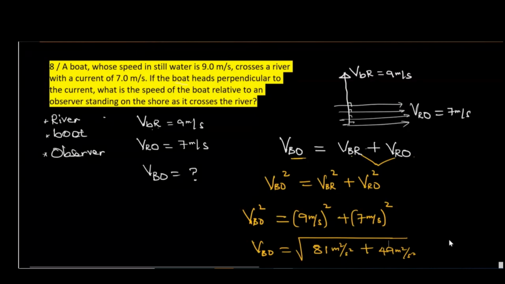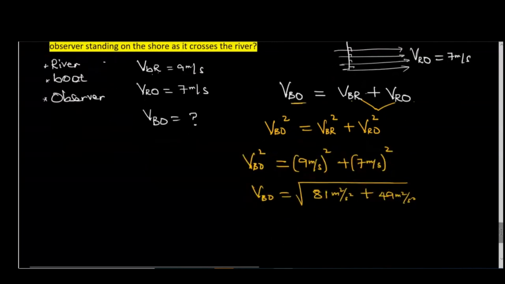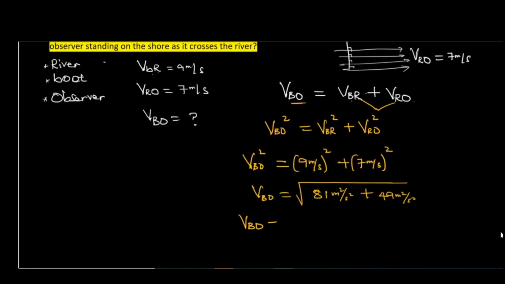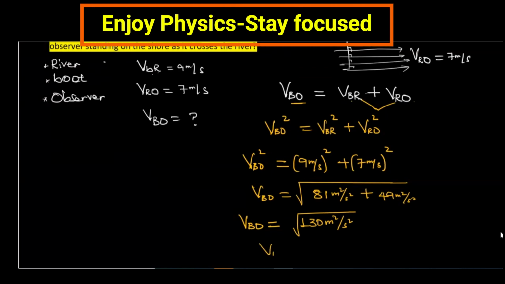Now the next step is so easy. This is the job of the calculator. The concept is already done. So V_BO is equal to the square root of 81 plus 49, which is definitely 130, meter squared per second squared.